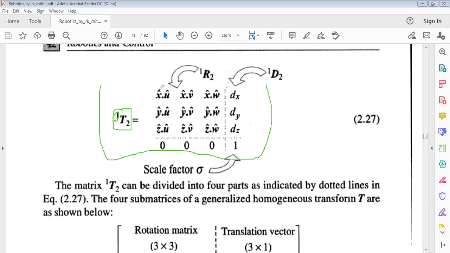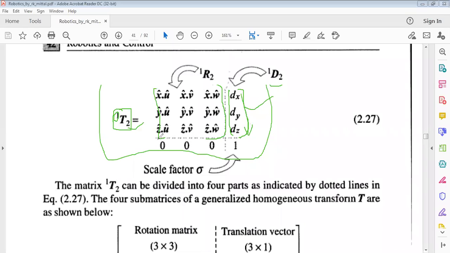One is a 3 by 3 matrix, which denotes the rotation or orientation of coordinate frame 2 with respect to frame 1, and a 3 by 1 column matrix at the rightmost of this matrix. This is denoted as 1D2. It represents a translation vector, or it denotes the position of frame 2 with respect to frame 1.